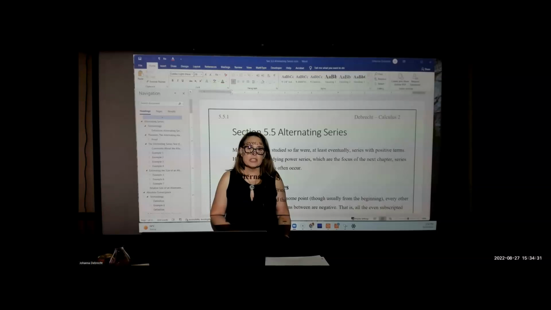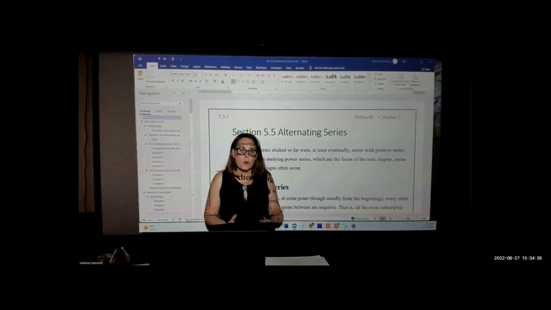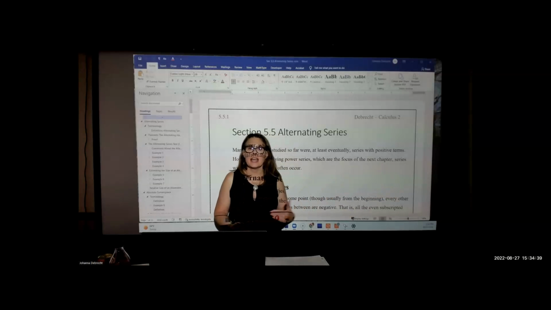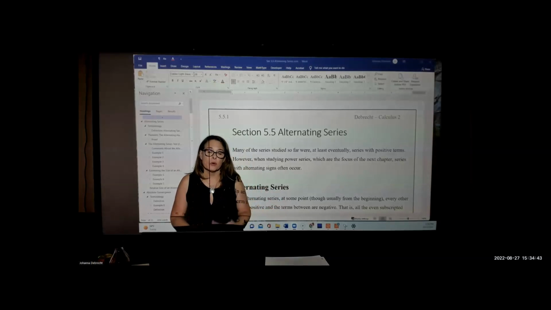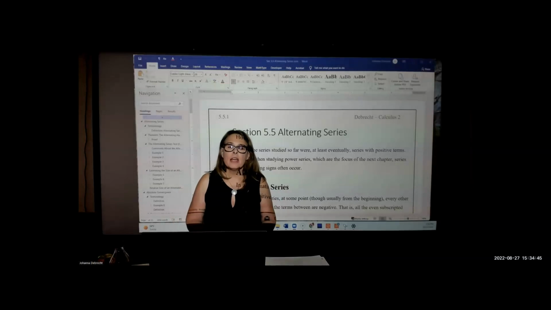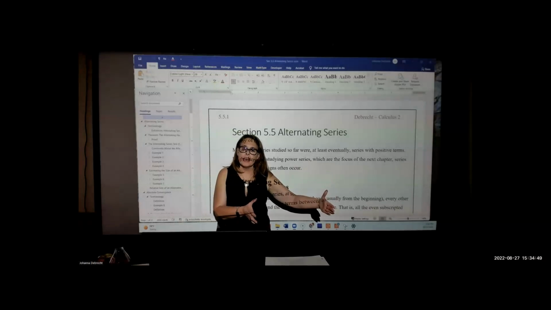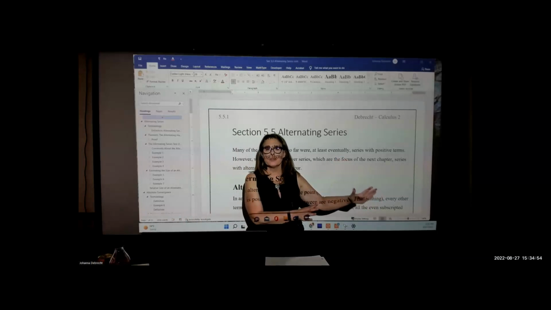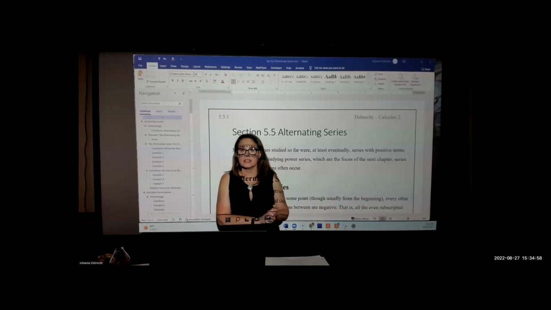But with the integral test and the limit comparison test, we were required that at some point, at least from there on in the tail of the sequence, all the terms were non-negative or greater than 0. In that case, we would chop off the head of the sequence, set it aside, and apply the integral test or the limit comparison test to the tail of the sequence.